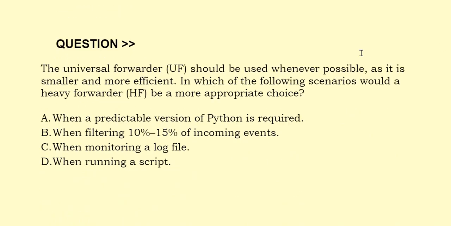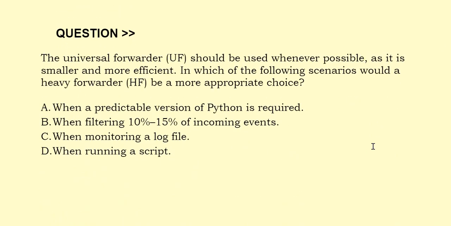Our next question is, a universal forwarder, UF, should be used whenever possible as it is smaller and more efficient. In which of the following scenarios would a heavy forwarder, HF, be a more appropriate choice? Option A, when a predictable version of Python is required.